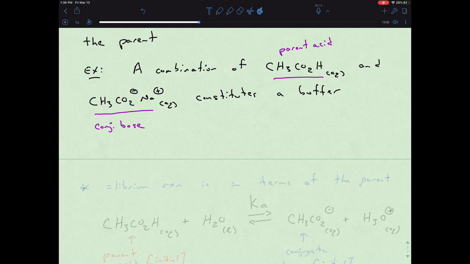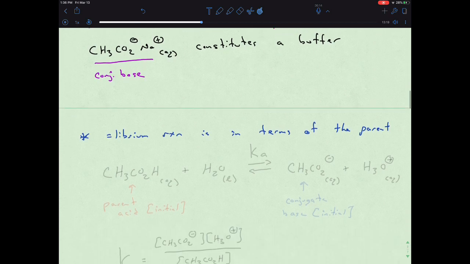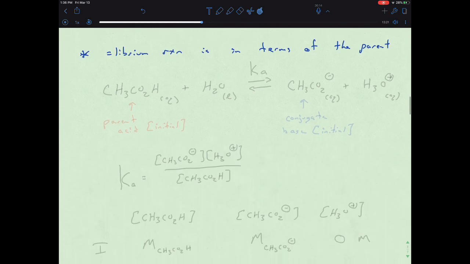So again, that equilibrium reaction is in terms of the parent. So when I'm writing my equilibrium reaction, I just want that equilibrium reaction to have that starting material be the parent.